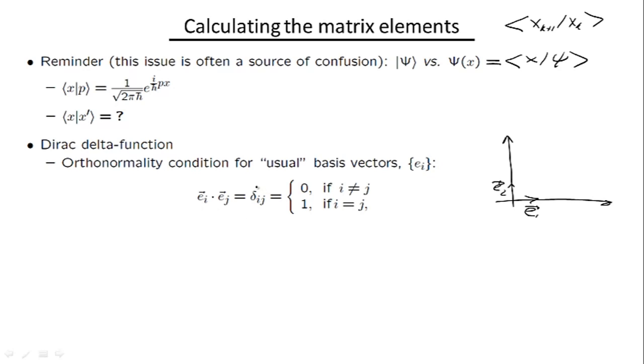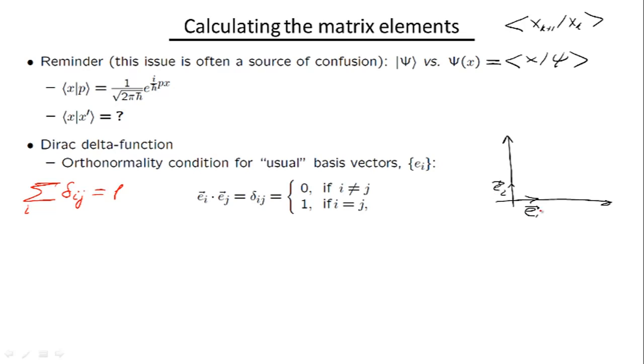The symbol which summarizes this relation is the Kronecker delta symbol, delta ij, which is defined as so. Of course, if we calculate the sum over all i's of delta ij, we are going to have the sum equal to 1, because all these terms are equal to 0, apart from the one where i is equal to j.